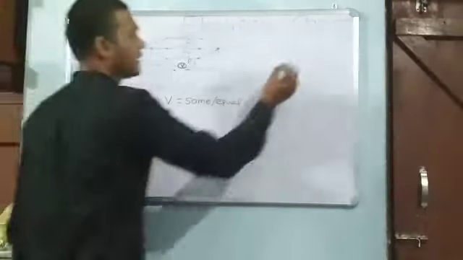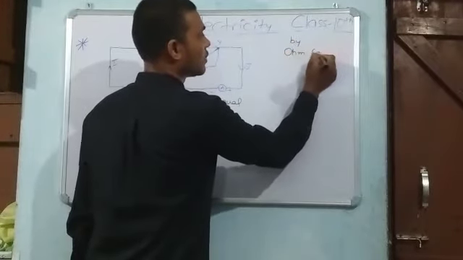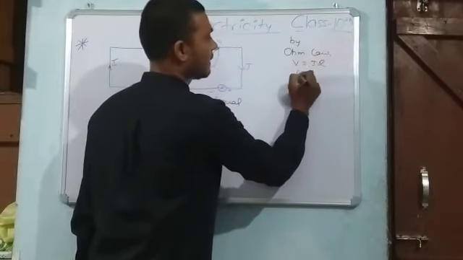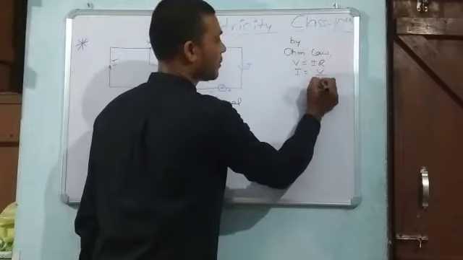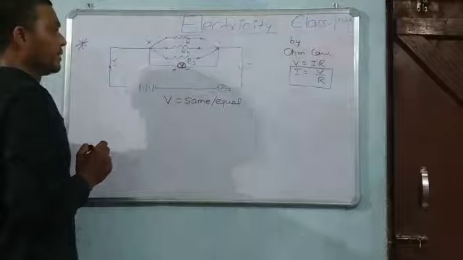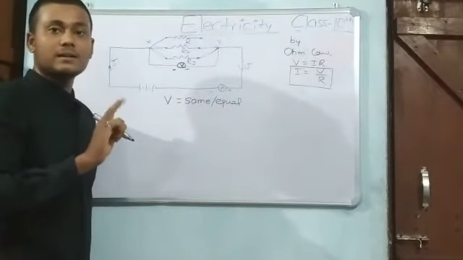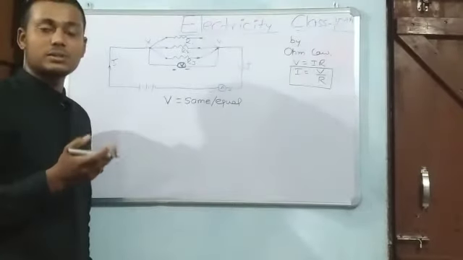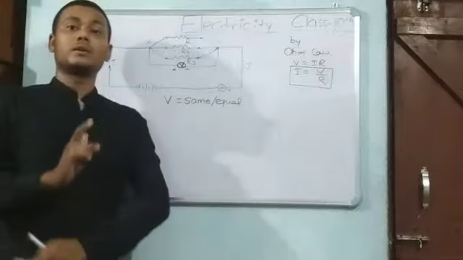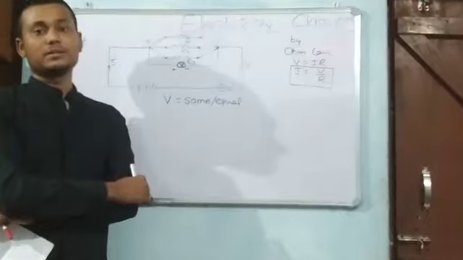So we know that by Ohm's law, V is equal to IR and I is equal to V upon R. So the current of R1 is different, the current of R2 is different, the current of R3 is different. Means the current of each resistor is different in parallel combination.